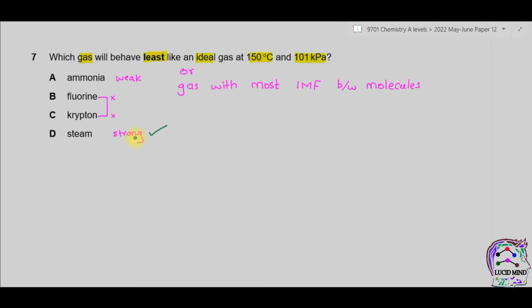As forces were initially stronger in liquid water as compared to liquid ammonia, this force will still be stronger at high temperature and high pressure. So among ammonia and steam, the correct answer should be steam, because we have stronger hydrogen bonds, stronger intermolecular forces, and oxygen is more electronegative than nitrogen.